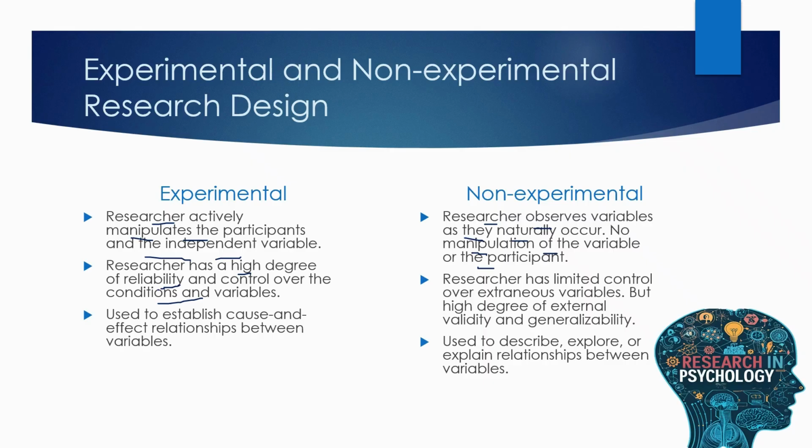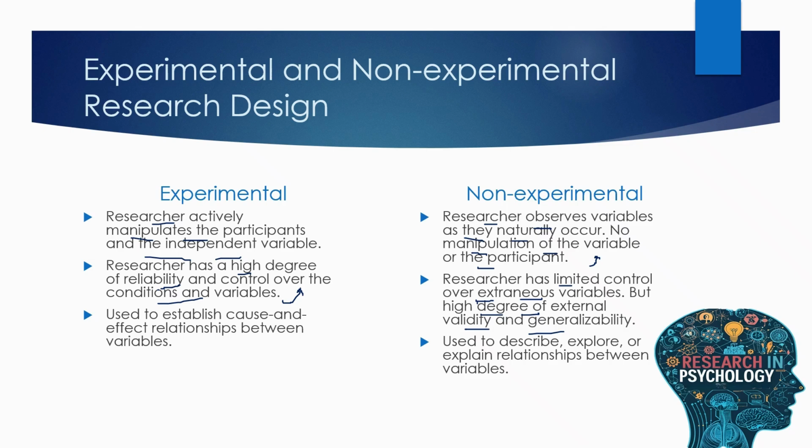So the researcher has limited control over extraneous variables, but a high degree of external validity and generalizability can be achieved. Right? You have no control over extraneous variables here because it's a natural setting. But in the experiment you can control it because of the controlled environment you are performing it in. All right.